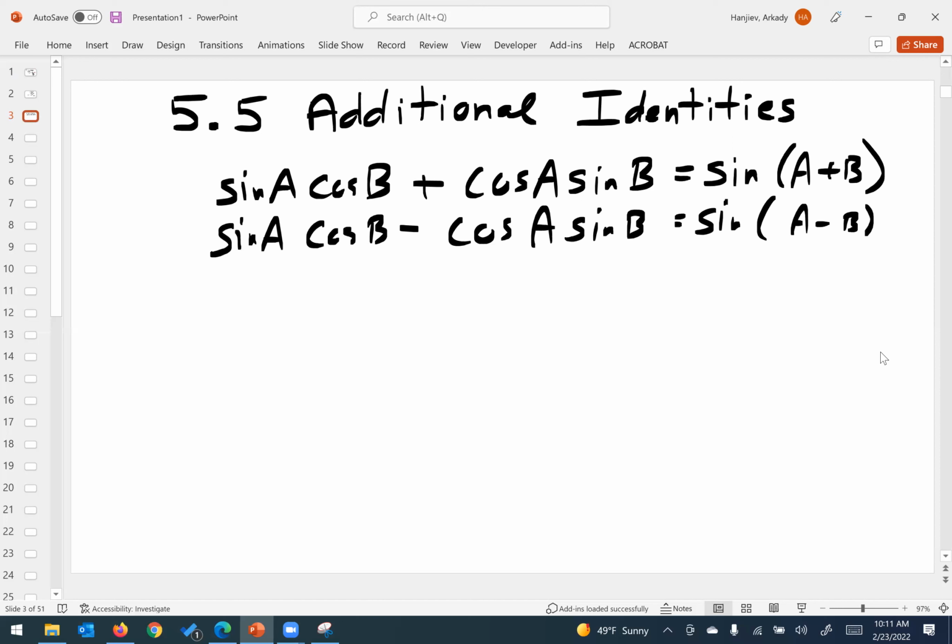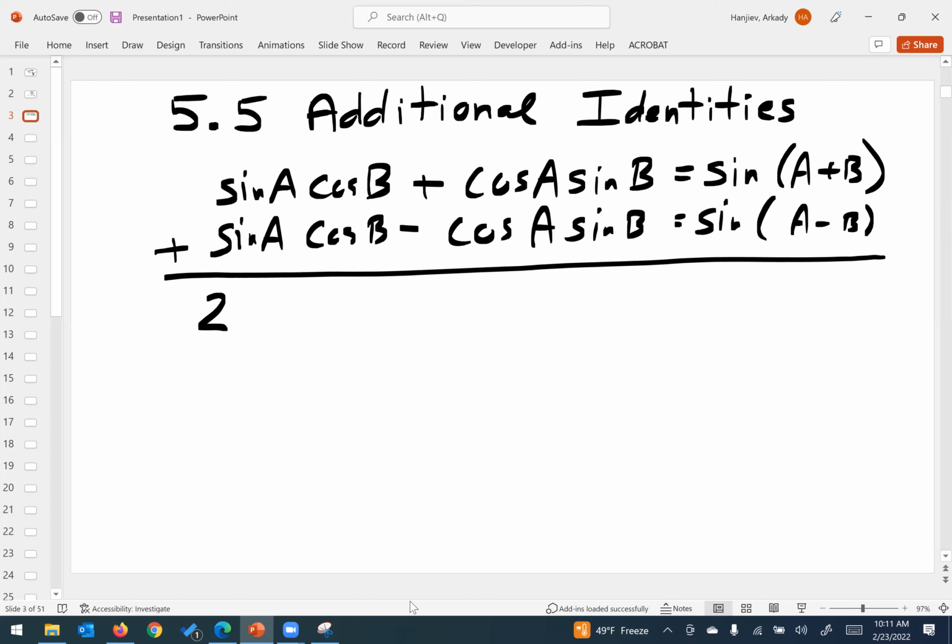All right, hold on, real quick here. If I do this, you guys tell me what happens with that. We have sine of A cosine B plus cosine A sine B, and sine of A cosine B minus cosine A sine B. If we add them, these terms are gone.